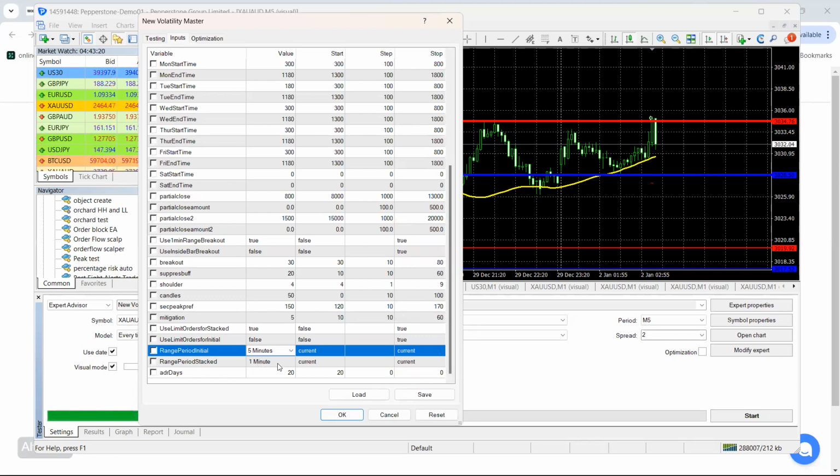If you try to stack trades based off too high of a time frame, you simply won't get enough opportunities to stack trades. So I still generally use the 1 minute. You could use a 5 minute, I guess. But this is sort of what I'm using on gold, is the initial trades based off the 5 minute, and then the stack trades are based off the 1 minute range.